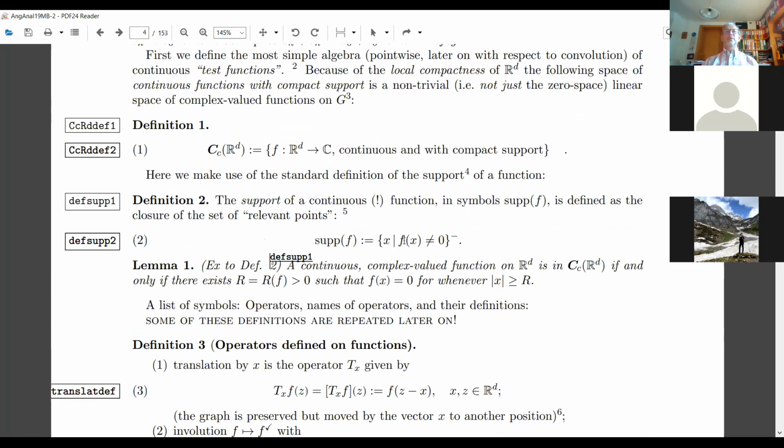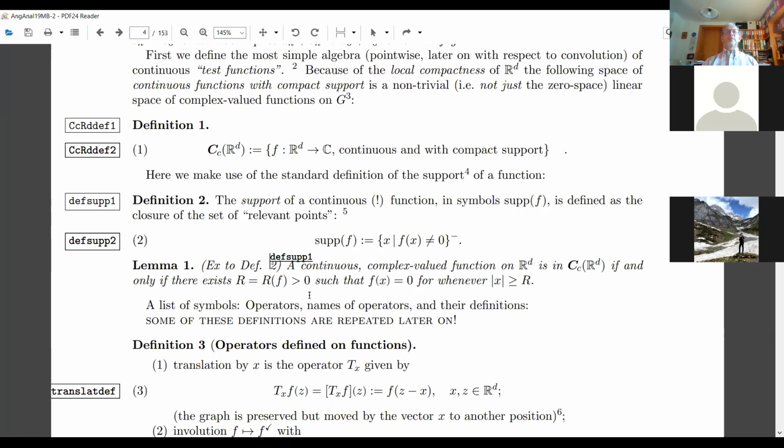So the support definition is take the values where the function is non-zero, and the bar here is not complex conjugate, but means take the closure. So all the points which are kind of relevant for the function. A point is irrelevant if you can make a small interval, a small ball of radius epsilon, such that nothing happens around that point.